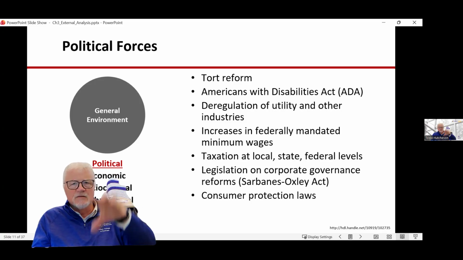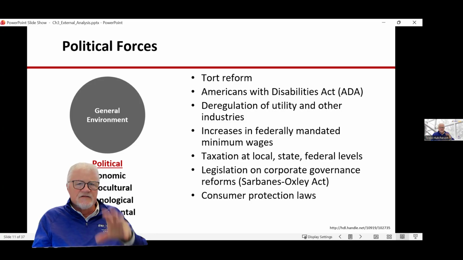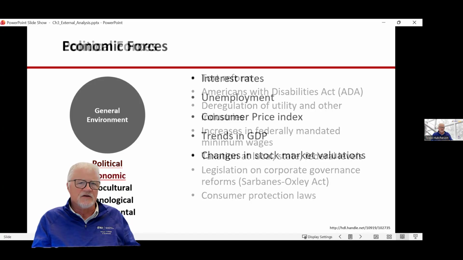But if you think about all of these things, none of them can we impact directly, but all of them could have an impact on our ability to do business effectively.